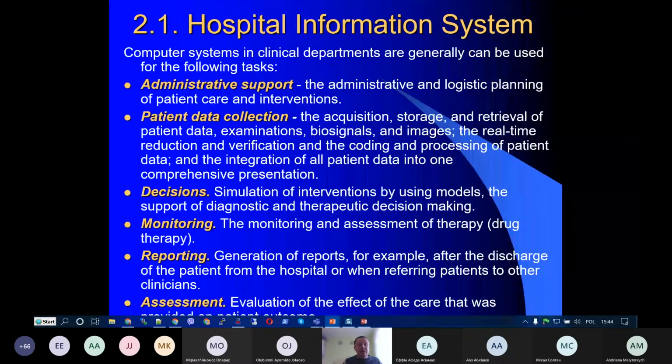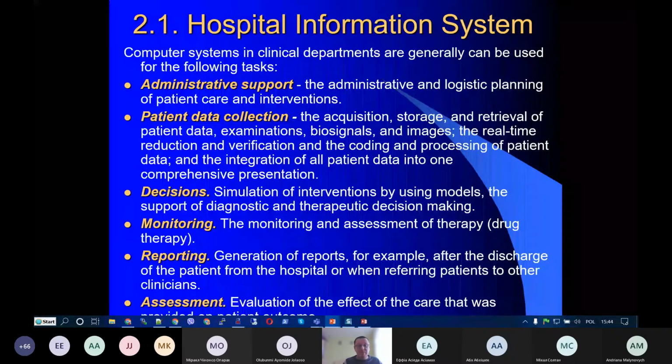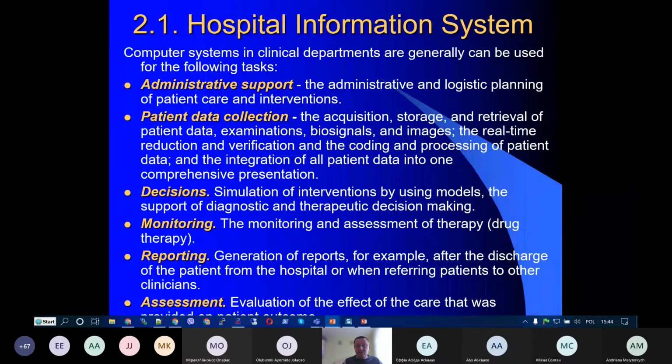Okay, and if we consider the major tasks that have to be supported by both clinical and hospital information systems. If we speak about a hospital information system, in first place will be administrative support, administrative logistics, and training of patient care intervention.